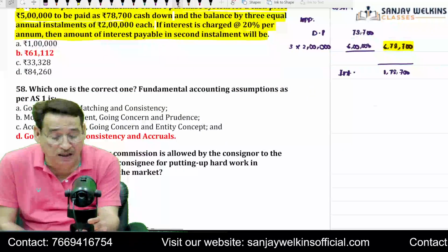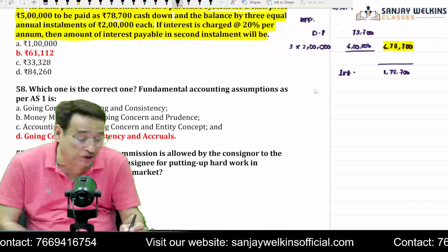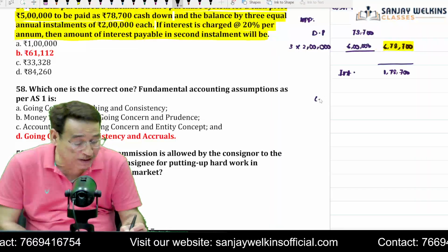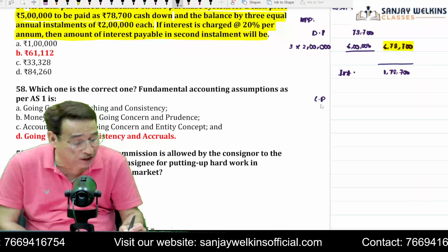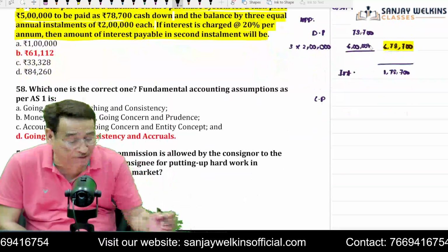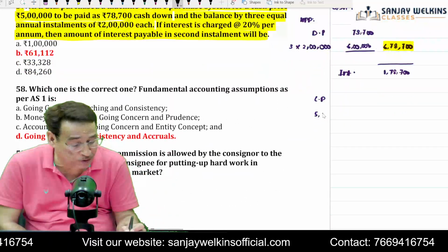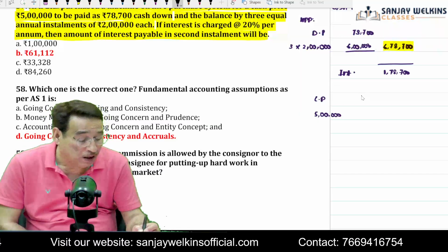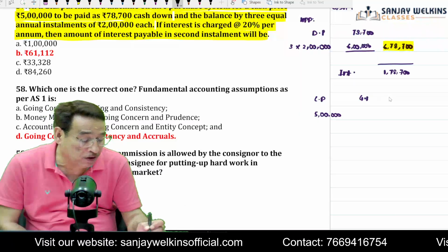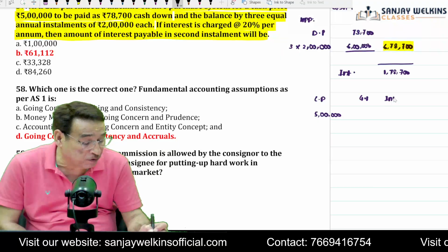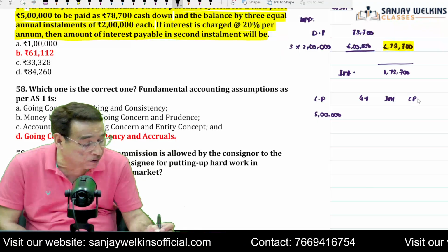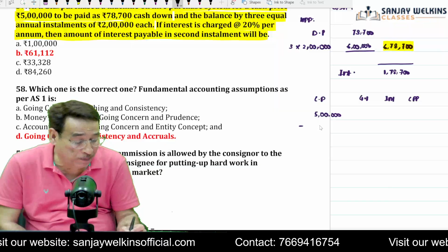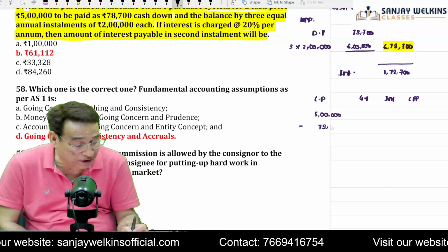So in this case, first of all, you will have to write your cash price, which is 5 lakh. Correct? And then we write here gross installment, then interest, and then cash price portion. Our down payment is 78,700.